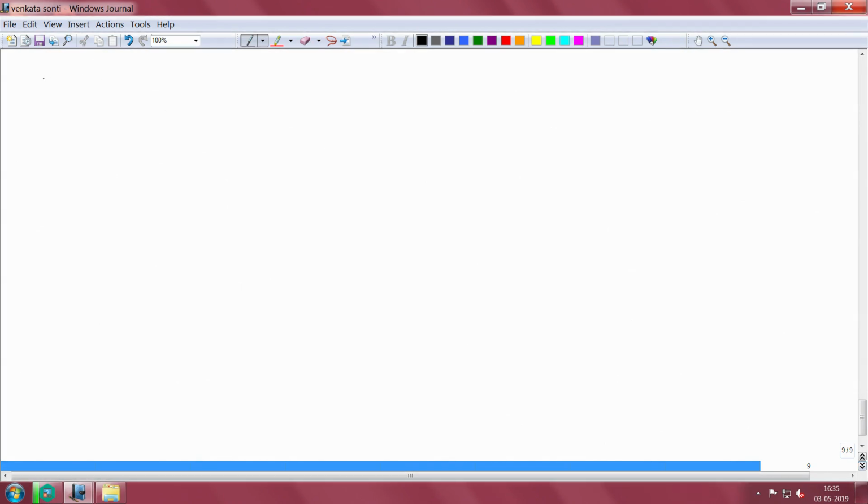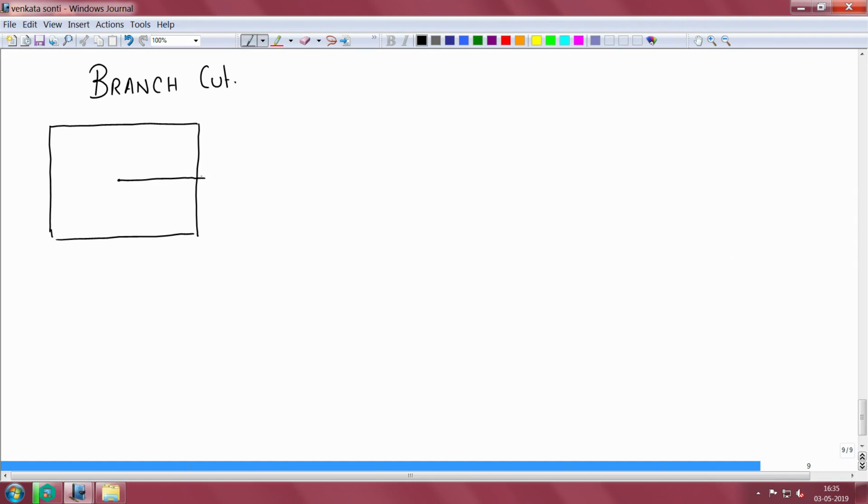So here it is, okay, branch cut. So let us say originally this is your complex plane. This is your complex plane. Okay, and let us say this is the origin, and this is, by this time you get to infinity, that is infinity, the x direction or the real axis.